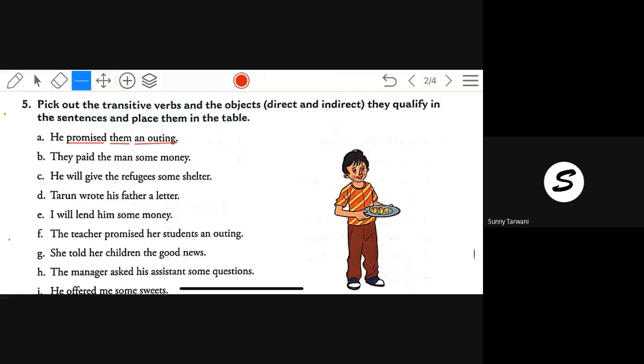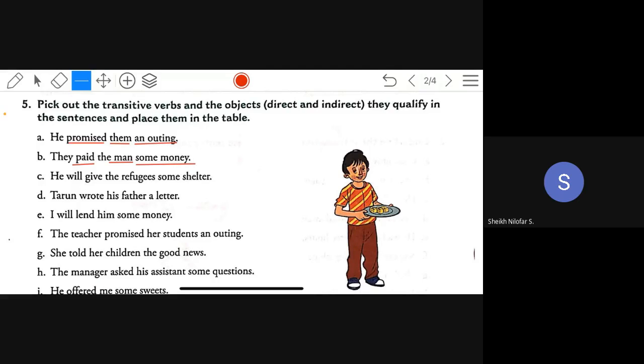Number 2. Paid is the verb and the man is the indirect object. Some money is the direct object. Very good, Sahil. Number 3.